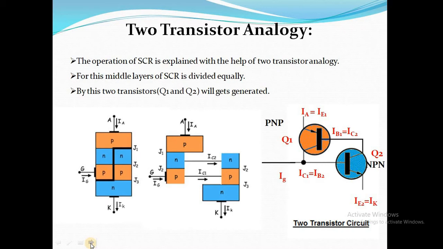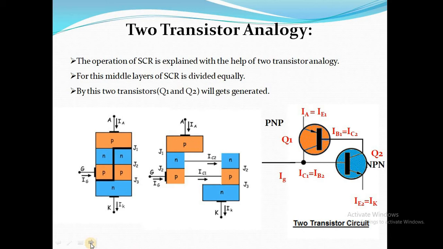We have also studied the construction, working, and VI characteristics of SCR. While studying the working, I explained that the SCR has three terminals: anode, cathode, and gate, and it has four layers. When four layers are sandwiched, they form three junctions, J1, J2, and J3.